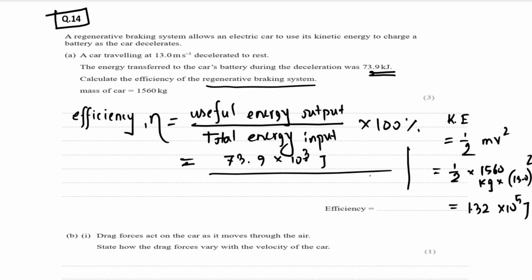So this is the total energy. Remember, efficiency has no unit, so we have to convert into percentage. So after calculation, we get 56%. 56% is the efficiency.